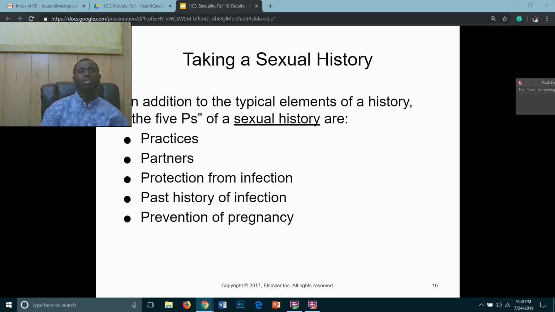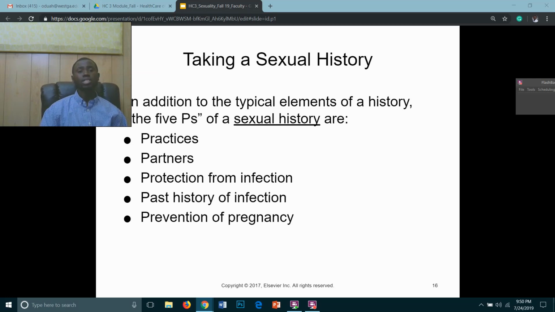Ask if they are using any protection against infection, such as do they have good knowledge about condom use, contraceptive use, and other ways of preventing sexually transmitted infection. This should also include if the client has received vaccinations against certain sexually transmitted infections.